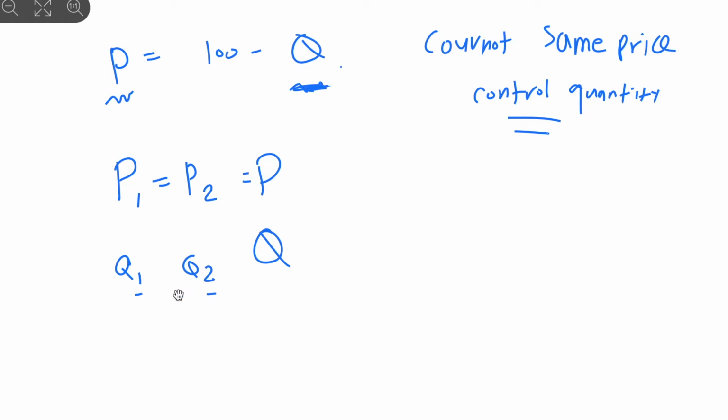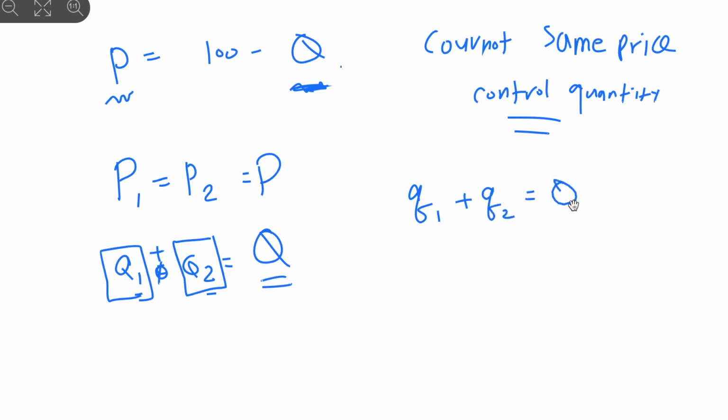Firm 1 and 2 can decide how many units they want to produce, right? So it's not the same, but we have to sum, right? So production of firm 1 plus production of firm 2 becomes the total quantity. So substituting Q with little q1 and q2, we write little q1 plus little q2 equals big Q, okay?